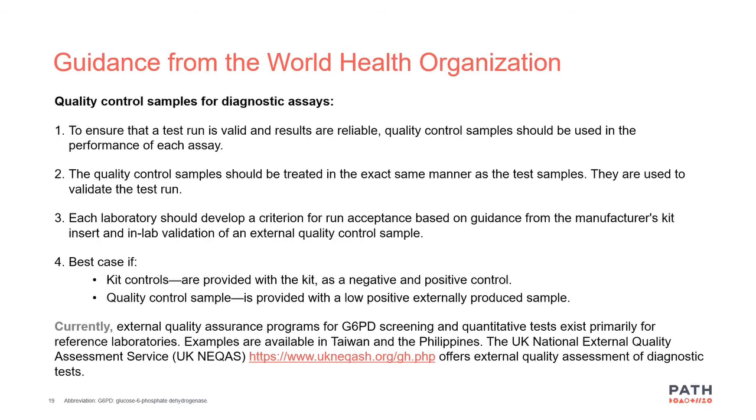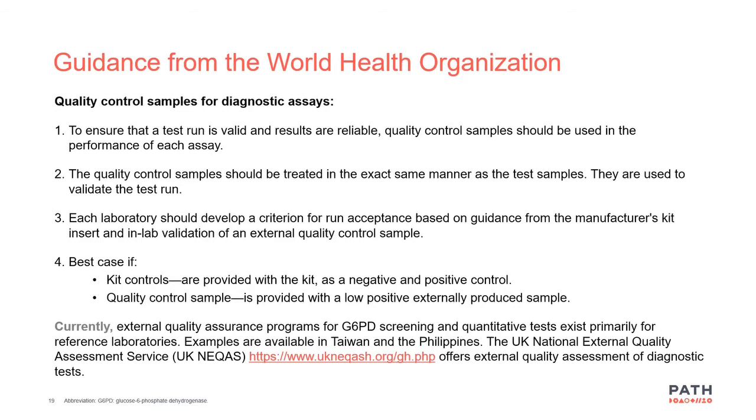And the third point they make is that each lab should develop some criteria for run acceptance based on the guidance from the manufacturer's kit and in-lab validation for the external quality control sample. And the last point they make is that it's best if the kit controls are provided with the kit as a negative and positive control, and if a quality control sample is provided, a low positive externally produced sample.